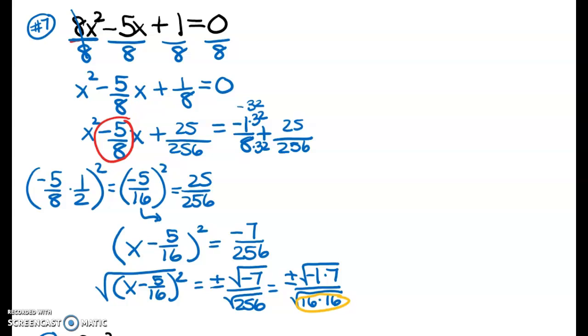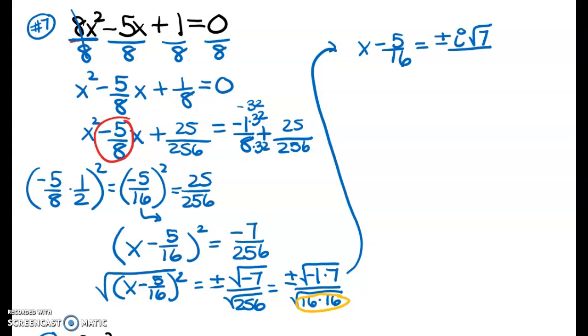So that's really nice. So now when I move up to the other side, I have x minus 5/16 equals, the square root of negative 1 is an i. 7 does not come out. It stays under. It does not have a pair. And I'm pulling one of the 16's out on the denominator.